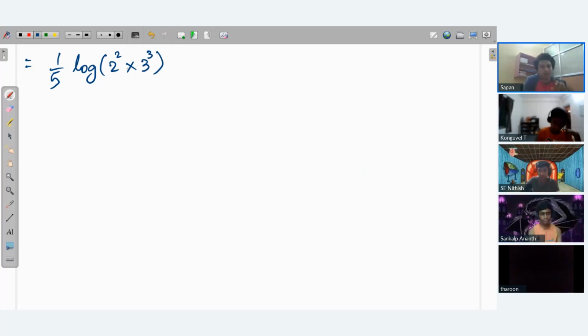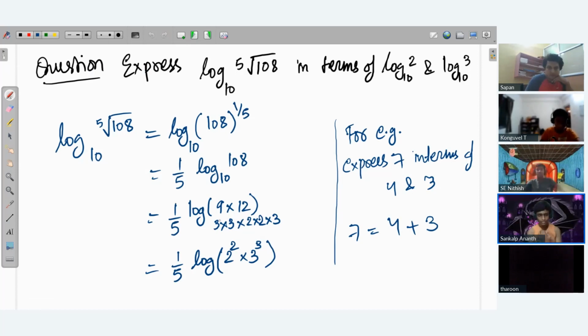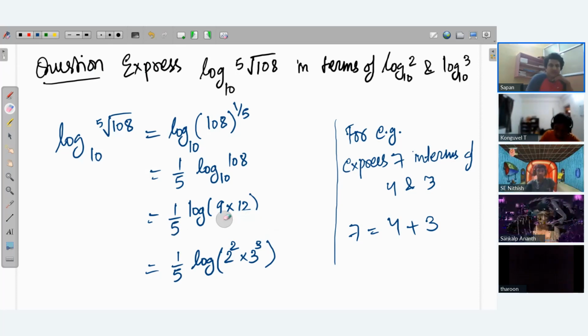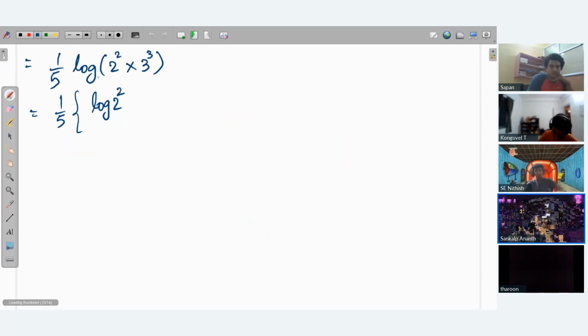Now I know that multiplication can be reduced to addition, so this becomes 1 by 5 times log 2 square base 10 plus log 3 cube base 10.